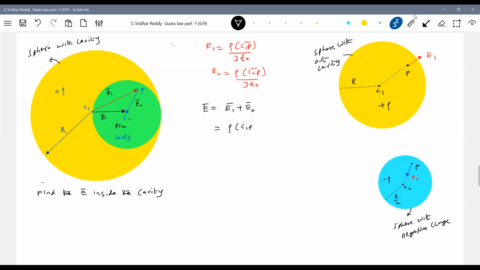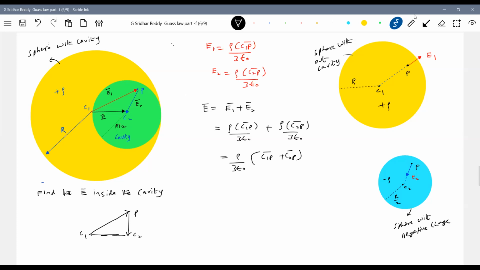Rho C1P by 3 epsilon naught, plus rho C2P by 3 epsilon naught. You take rho by 3 epsilon naught outside. So C1P bar plus C2P bar. You take the help of a simple triangle of vector addition. Okay, this is C1, this is P, this is C2. Tell me, this will be a resultant vector, no?